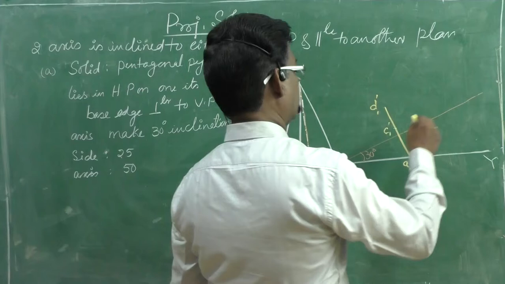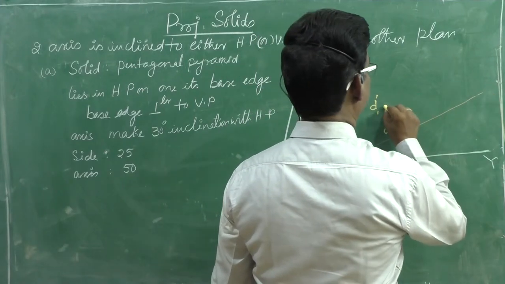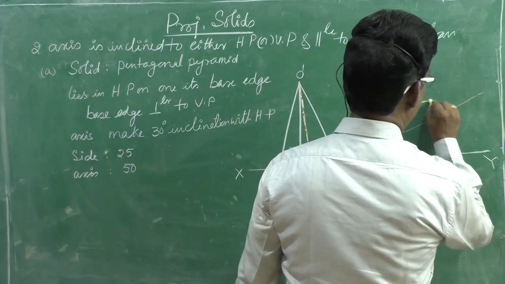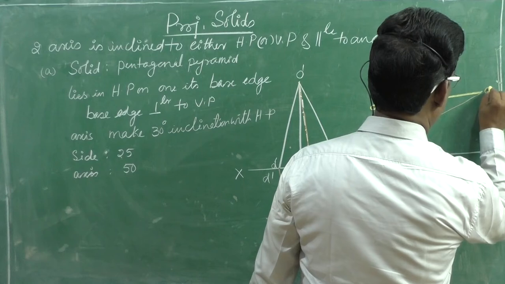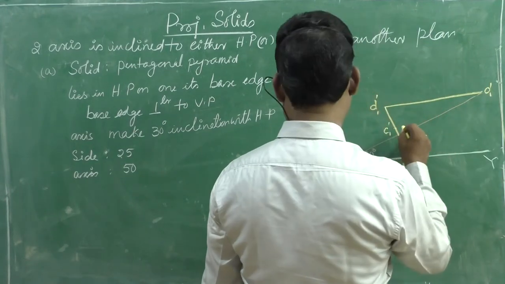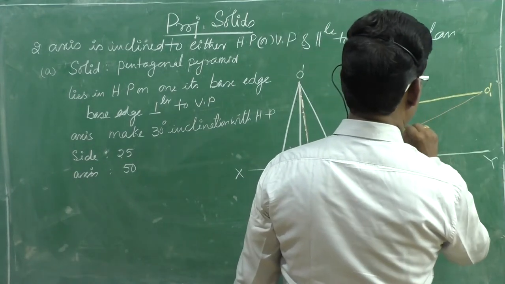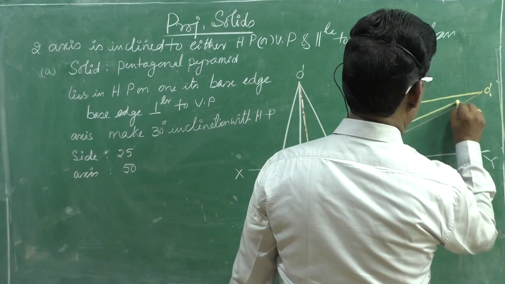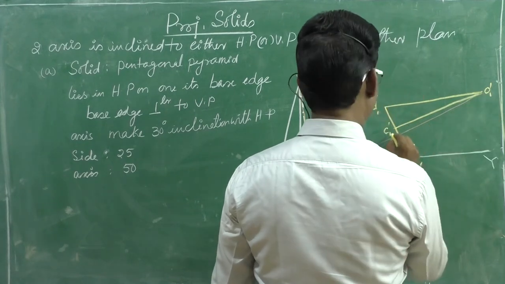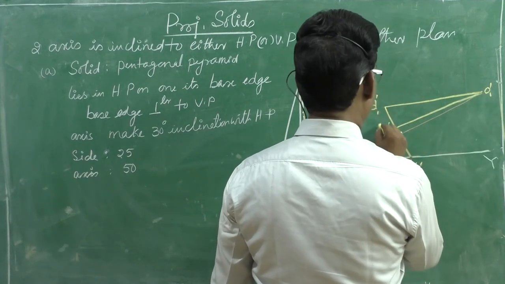Now, OD is a continuous line. Here also it is a continuous line, O1 dash. Next, OC is a continuous line. Here it represents E also, E1 dash.